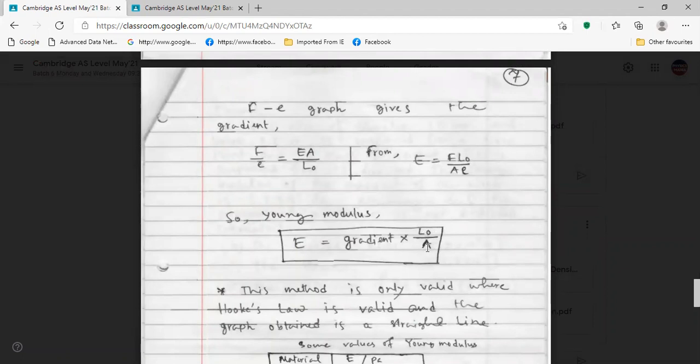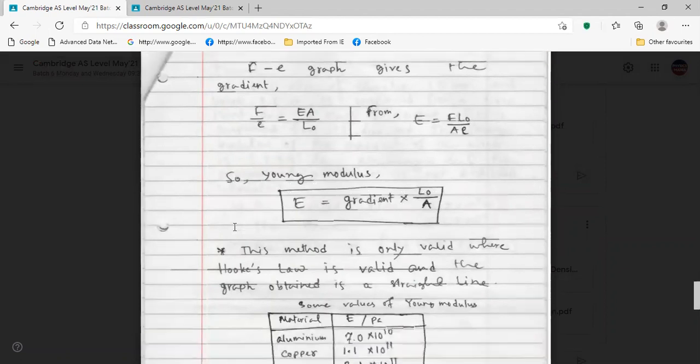Then we can find the Young modulus of the wire.